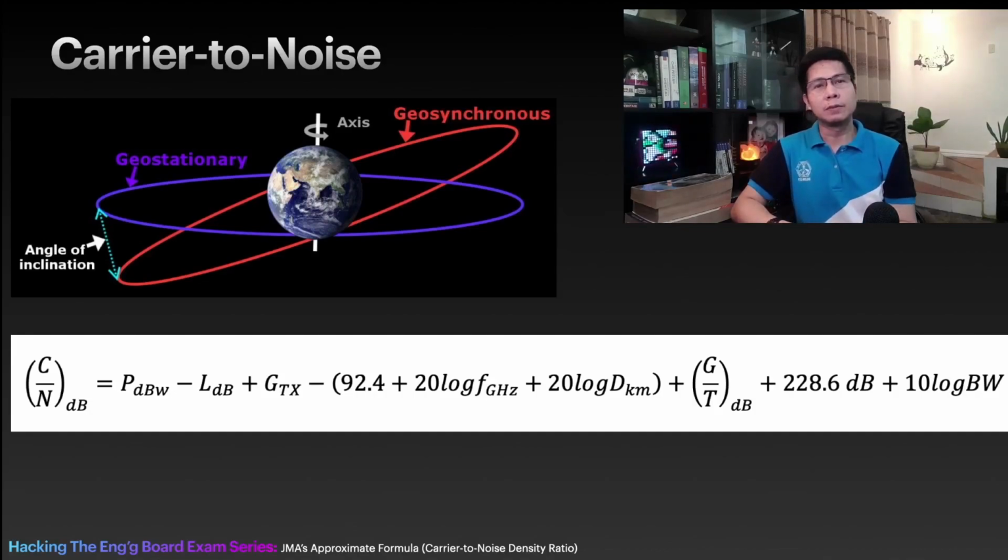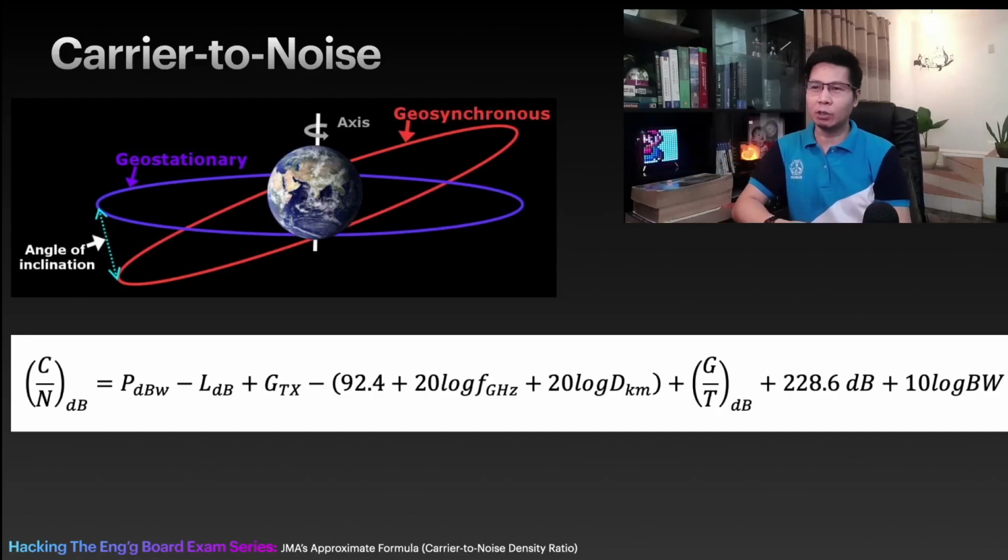Ito yung mag-determine ng performance ng isang satellite, yung kanyang FOM is called as G over T. Madaming klase kasi ng mga tinatawag tayong figure of merit eh. For example, sa amplifier. Ang amplifier, meron po siyang tinatawag nating figure of merit. Siya yung magdidictate kung maganda ba yung amplifier. Pag tinanong ka sa board exam, ano ba yung FOM ng amplifier?